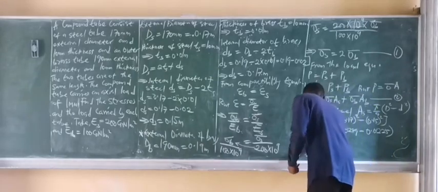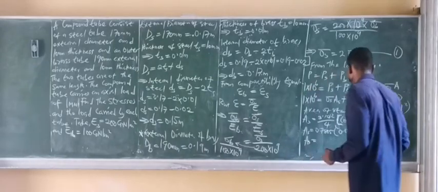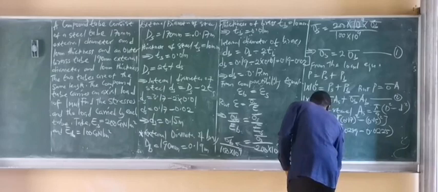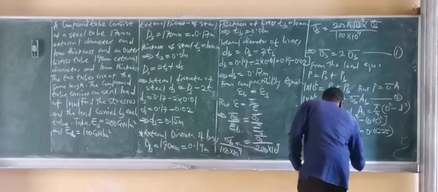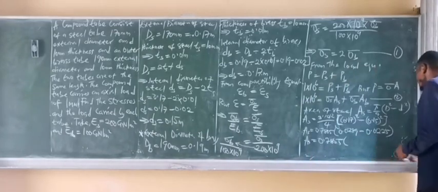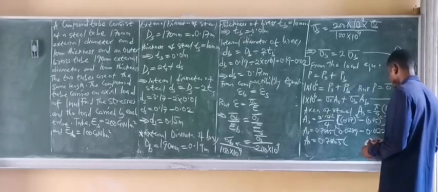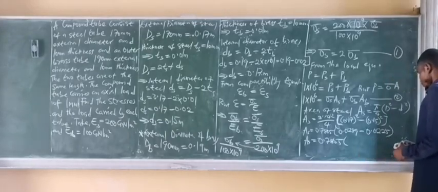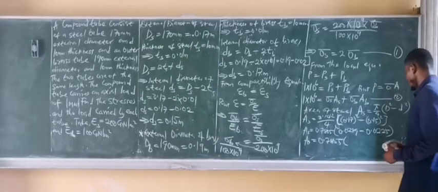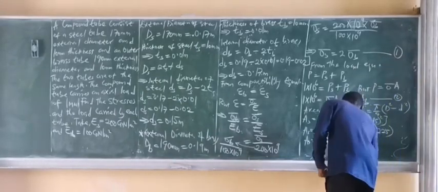Area of steel is equal to 0.7855 multiplied by 0.0289 minus this, which is 6.4 times 10 to the power minus 3.